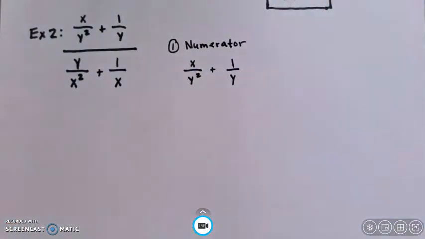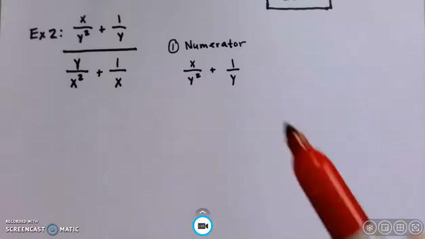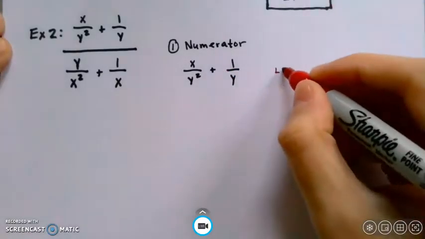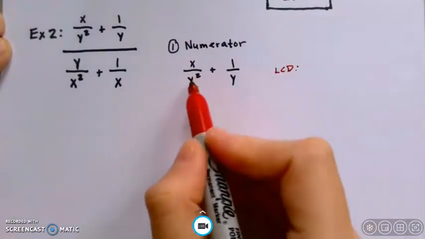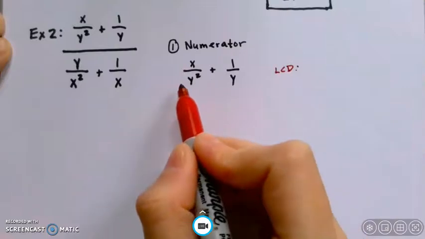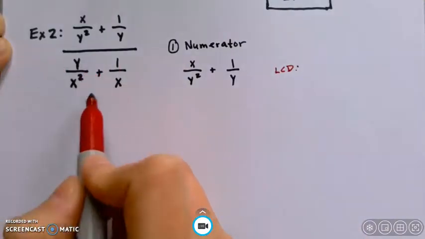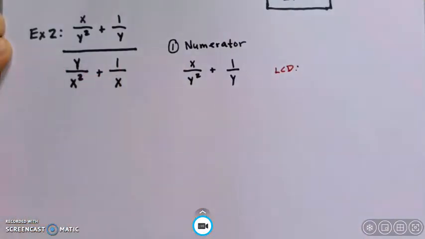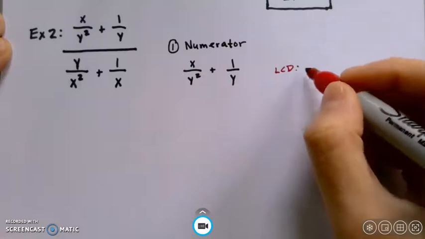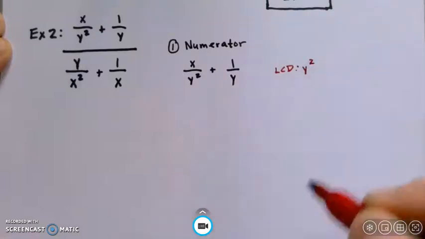If I wanted to simplify these fractions, I could just add them. But we know that to add fractions, we need to have common denominators. So my LCD for just these two denominators, remember, I'm completely ignoring the other denominator for now, just y squared and y, would be y squared.